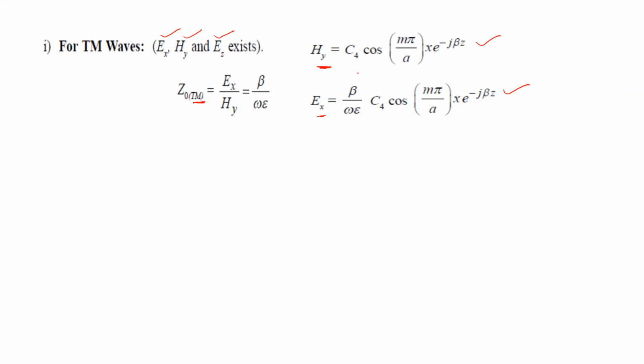By substituting the values of these two equations, Ex is this, Hy is this, Ex by Hy will cancel out all these components. C4 cos m pi by a x into e power minus j beta x is common in both these. It gets cancelled with each other and we will be left with beta by omega epsilon. So Z0, characteristic wave impedance of TM wave, is beta by omega epsilon.